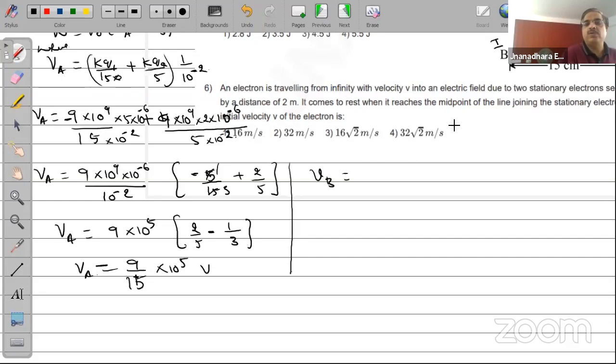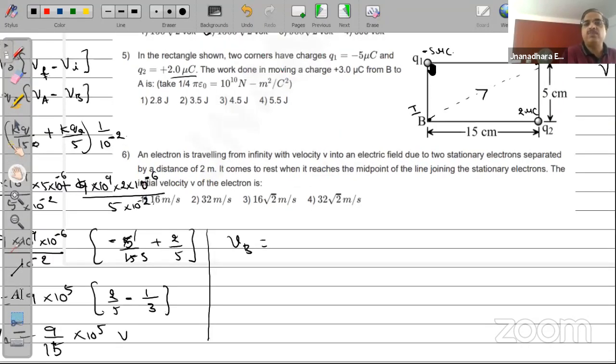VB will be equal to, look at it, for VB, the charge -5 is at a smaller distance, right? And therefore, I get this to be K. I'll take out K outside, so that becomes easy for you to write down now. -5 into 10 to the power -6 divided by 5 into 10 to the power -2 plus 2 into 10 to the power -6 divided by 15 into 10 to the power -2.